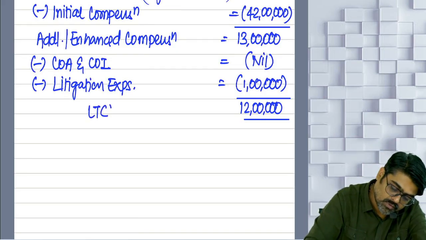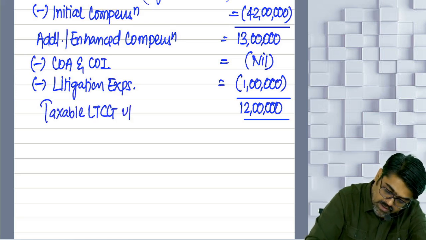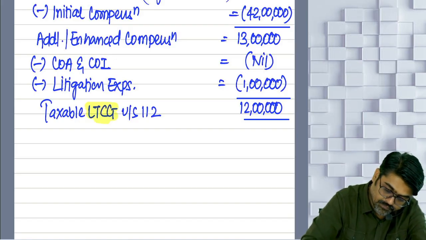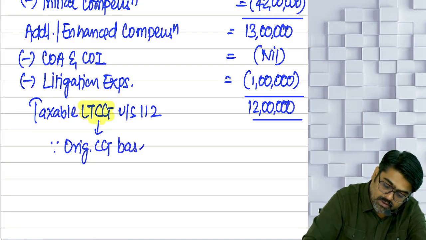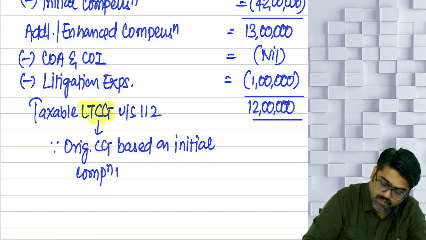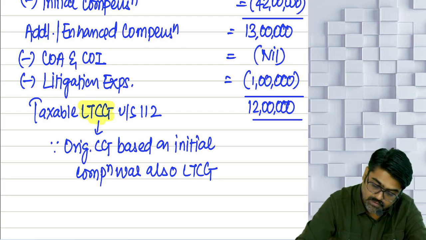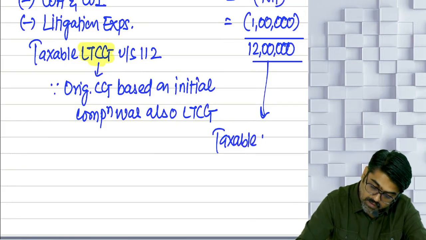This is also long-term capital gain, taxable long-term capital gain under section 112. Why long-term only? Since the original capital gain based on initial compensation was also long-term capital gain. Yes or no? Now this 12 lakh will be taxable in which previous year?